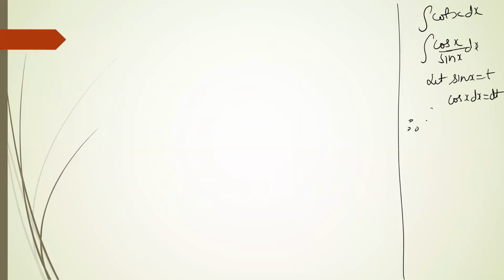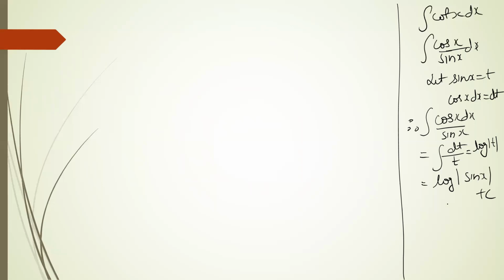So therefore, integral of cos x dx upon sin x can also be written as integral of dt upon t, which is basically log of mod of t, which can be written as log of mod of sin x, right? So यहाँ पे प्लस सी भी आता है अगर आप सिर्फ इसको इंटीग्रेट कर रहे हैं.